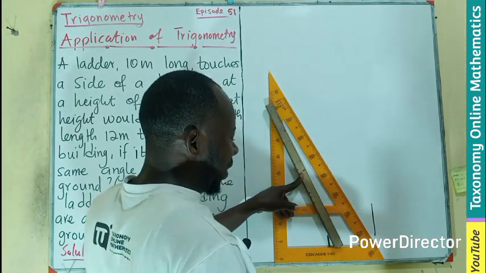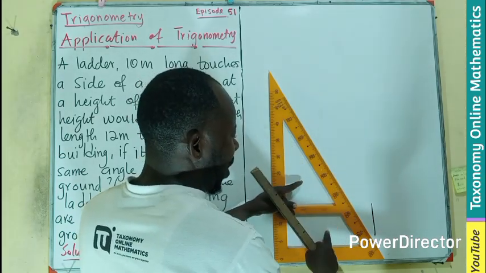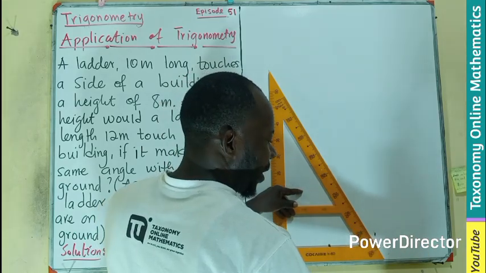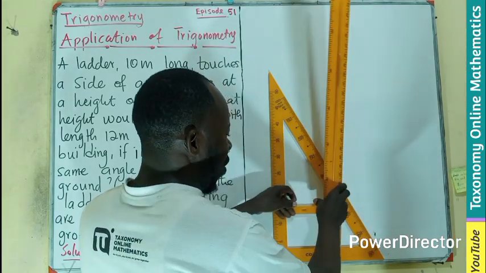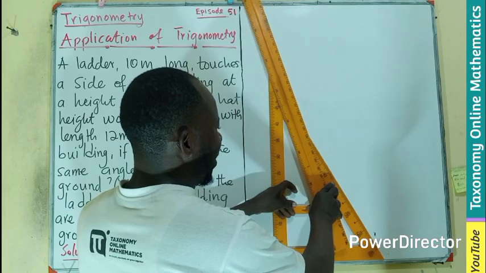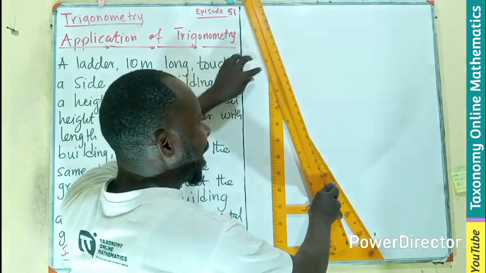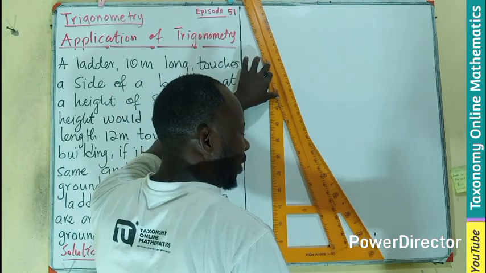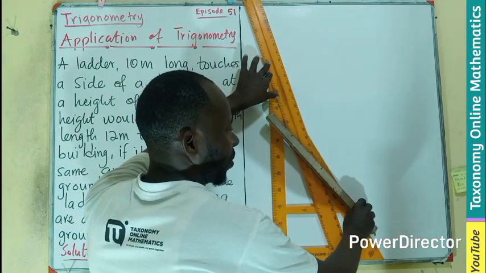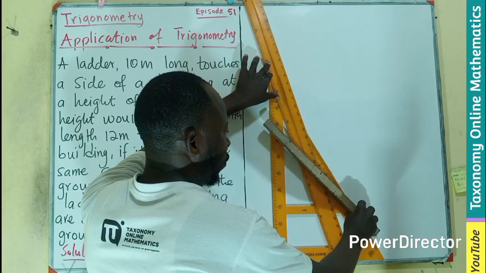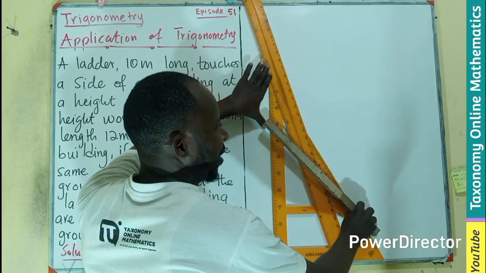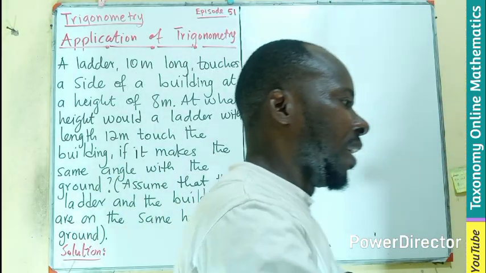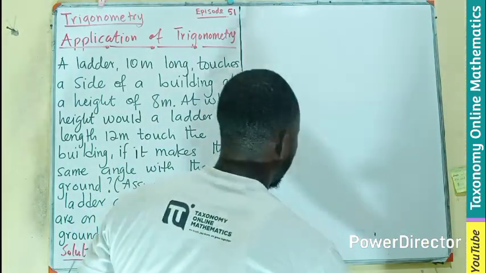Now, someone will also say, why not put the longer one here and put the shorter one here? So if the longer one is here, you see that it will still be at a longer height of the building than the shorter one. You see, the shorter one has to cross the line to be at 8. So there are two instances that we can get for this diagram. Let's see if we can make that sketch.